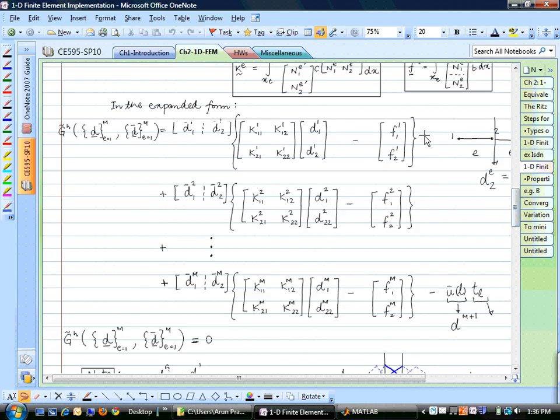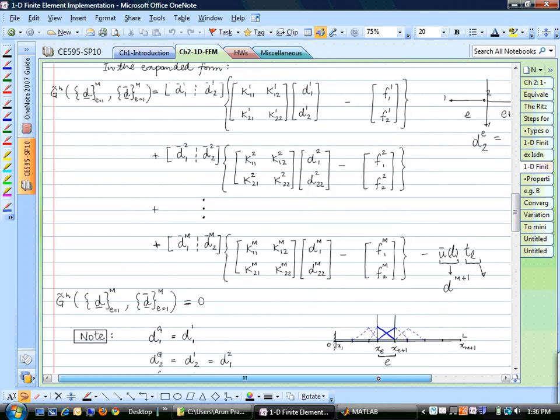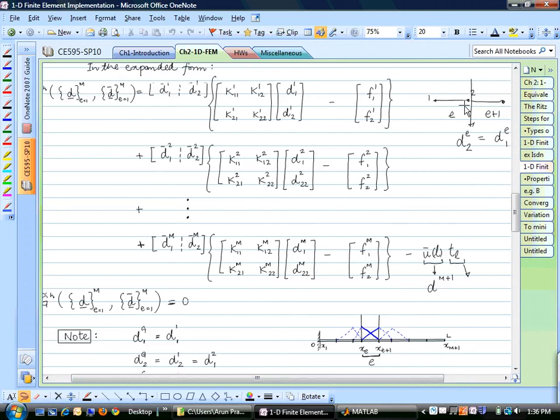And if you write that out in expanded form, you can see that this is a 2 cross 2 element stiffness matrix multiplied by the nodal degrees of freedom within the element. And the thing to note that we said last time was that the degrees of freedom at a node, let's say this is element e, and this node is shared between two elements.